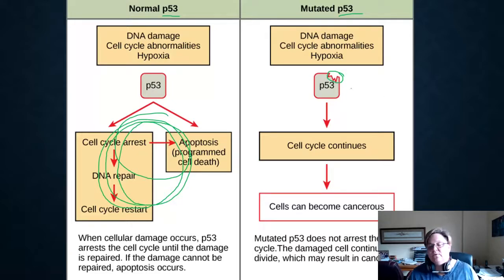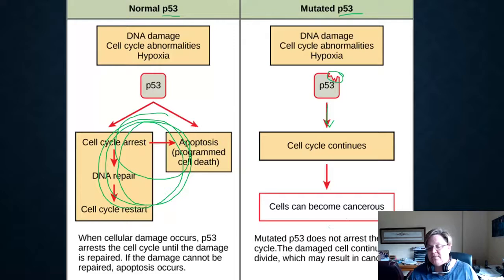When we have this broken P53, our cell cycle continues. There's no DNA repair or cell cycle restart, or even the pre-programmed cell death. It's not occurring. We're just having continuous cell cycle production, and because of that, our cells can become cancerous.